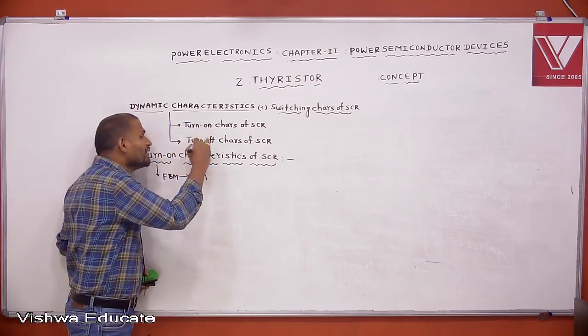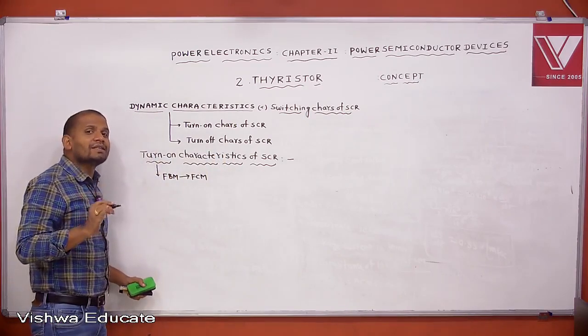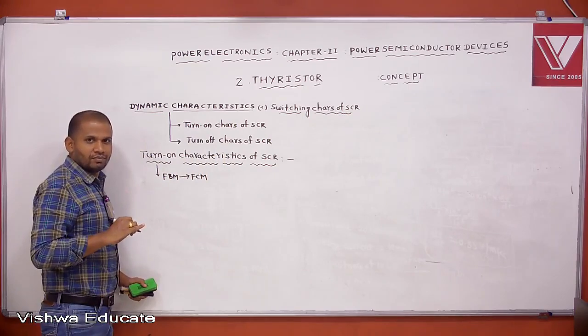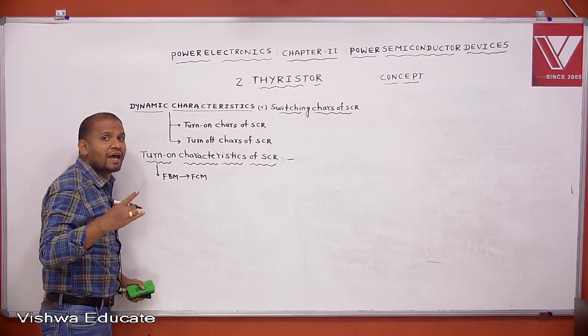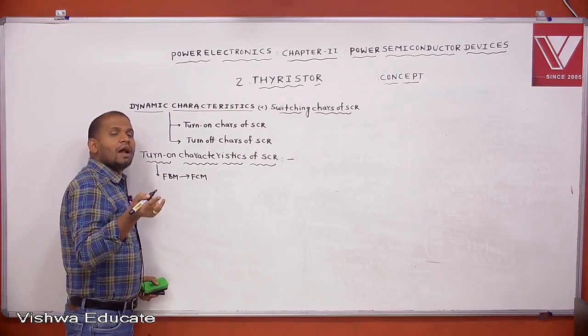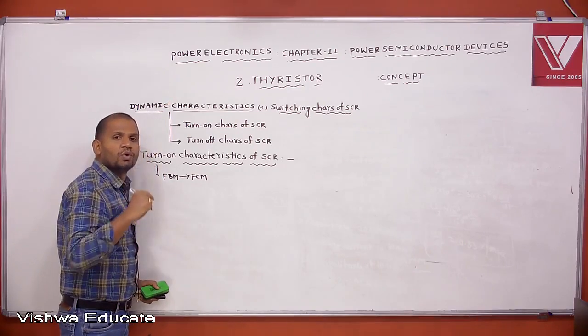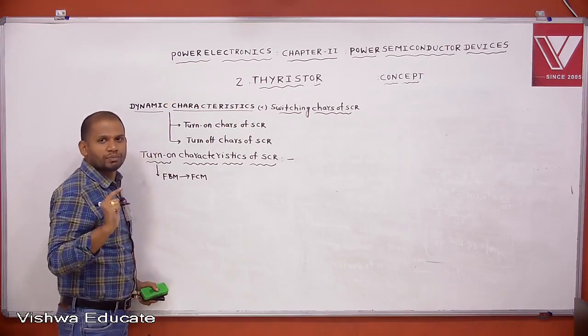Then what is the significance of turn on characteristics? The turn on characteristics explain how the current through the SCR is changing from 0 to rated current, and how the voltage across the SCR is falling from rated to 0 voltage or on state voltage drop.